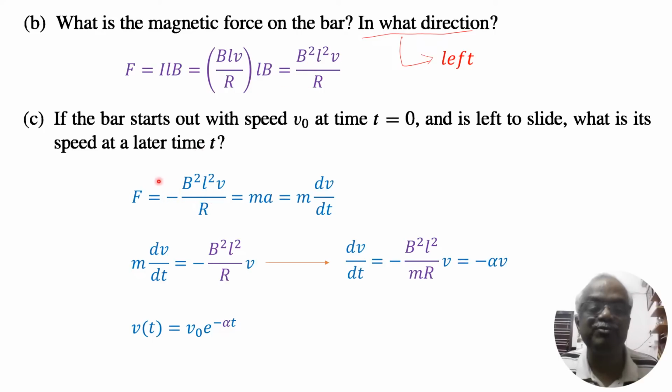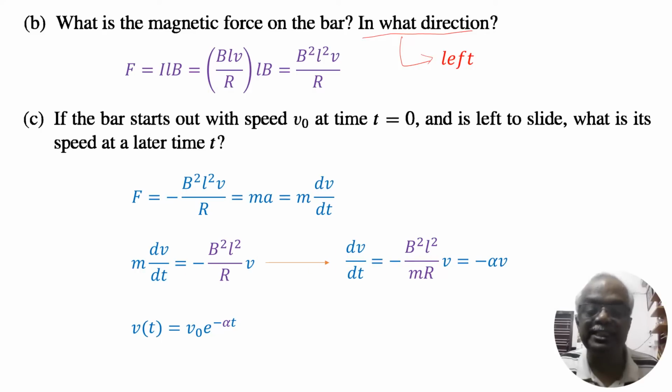By Newtonian mechanics, force is mass times acceleration, and acceleration is the rate of change of velocity, dv/dt. So m dv/dt is equal to minus B squared L squared over R times v. Bringing the m to the other side, dv/dt is equal to minus B squared L squared over mR times v.